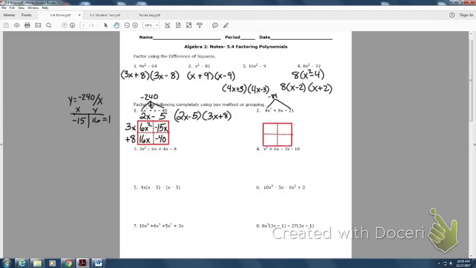Okay, so again, the factors of negative 84. The factors of negative 84 that equal 8 are 14 and negative 6. So I'm going to have 4x squared in the top left, negative 21 in the bottom right, negative 6x and 14x.